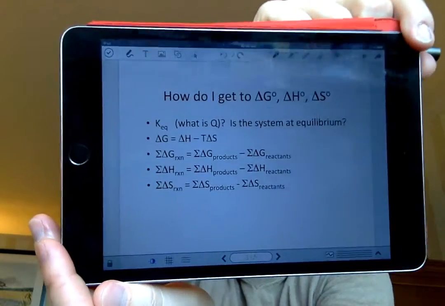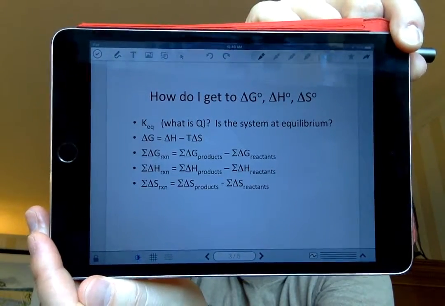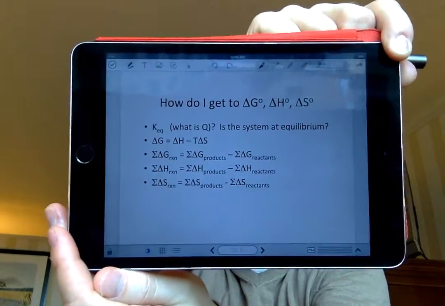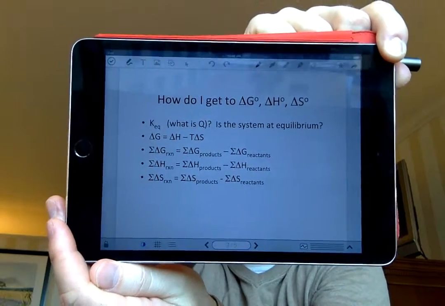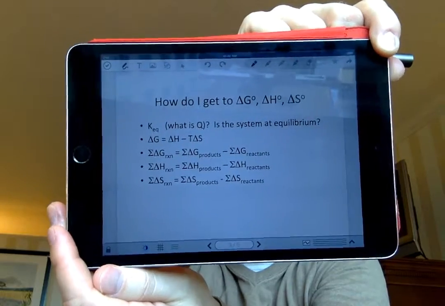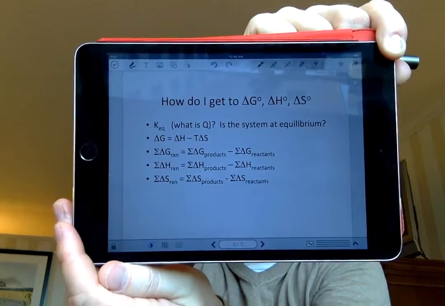I can also write down Q, the reaction quotient, at any time if I'm given concentrations, and how Q relates to KEQ. And then I also have a couple of equations that I always know are true. Delta G equals delta H minus T delta S. I know how to get the delta G's of reactions, or the delta H's, or the delta S's. And so writing down equations that I know are true, and also writing down what I'm targeting.